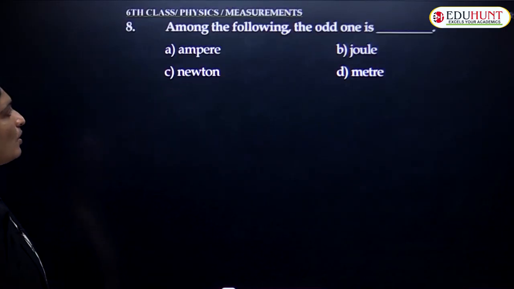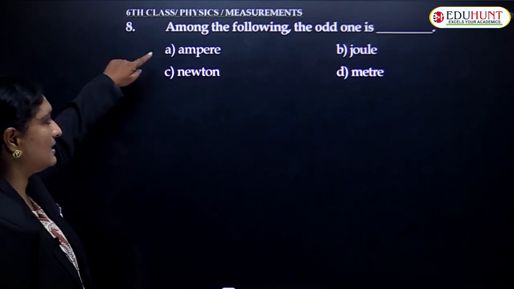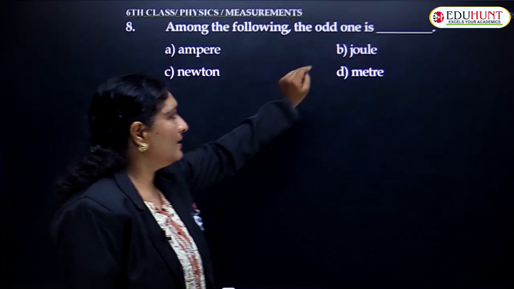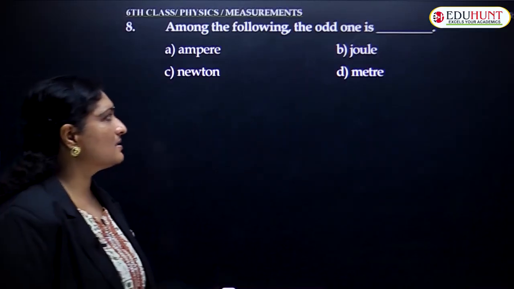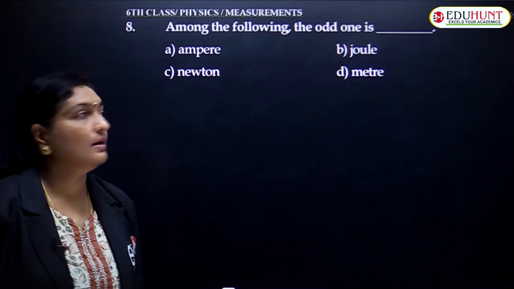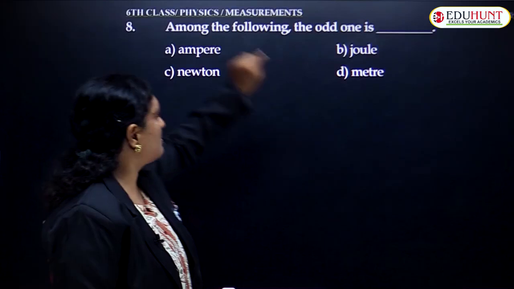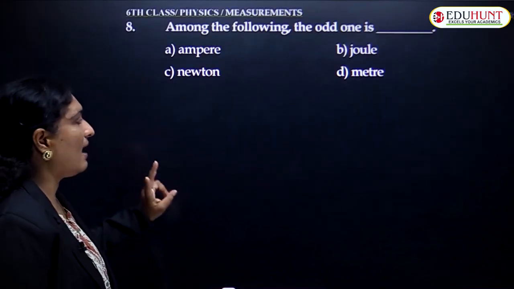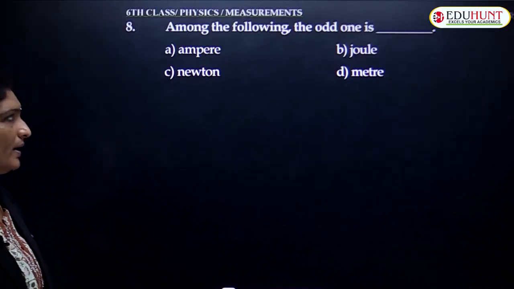Moving ahead, among the following, the odd one is. Ampere is the unit for electric current. Joule is the unit for energy or work done. Newton is the unit for force, whereas meter is the unit for length. Here if you observe, there are 2 derived units and 2 fundamental units. So we have two options, but we need to find only one odd one out.